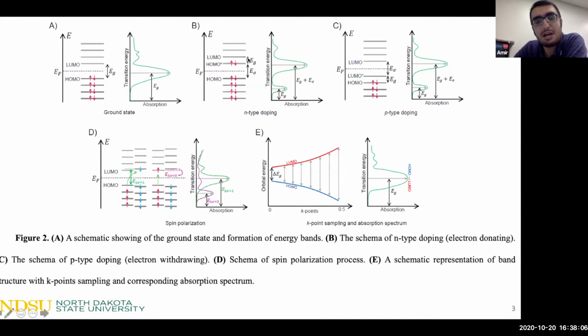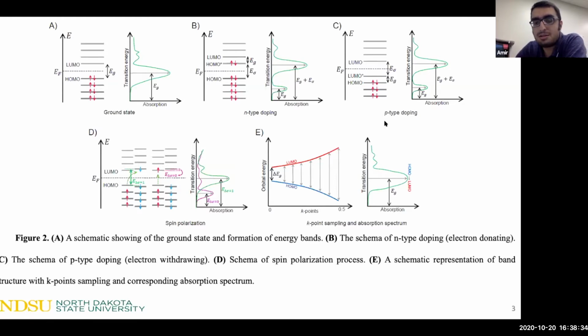The energy gap for sure should be smaller than the previous one because the system is in the excited state, and there is a sub gap below, in the location of the previous band gap. We call it E sigma here, and again the absorption spectrum versus transition energy is reported here.